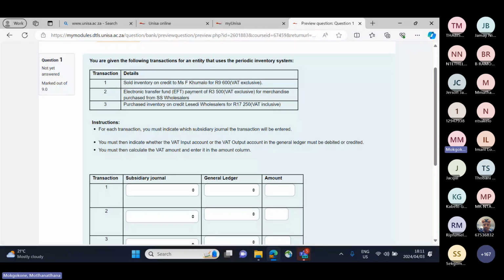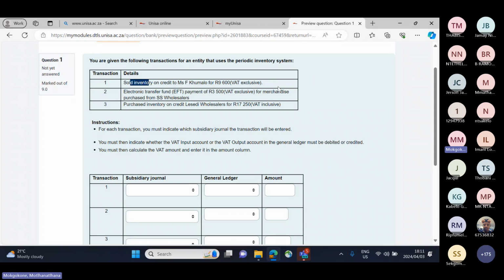Then on the first transaction, we sold inventory on credit to Ms F. Kumalo for 9,600, VAT exclusive. Here you must tell us which subsidiary journal is affected.